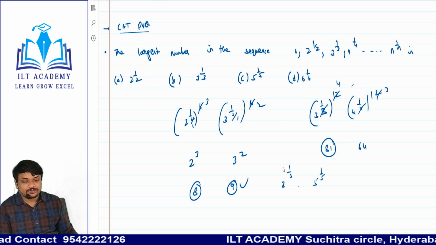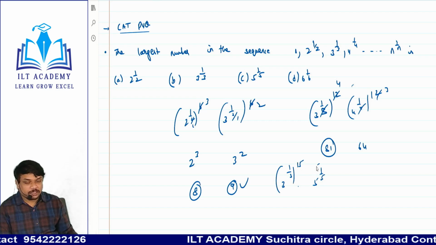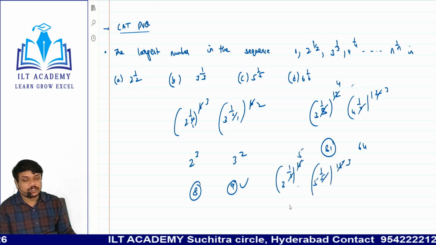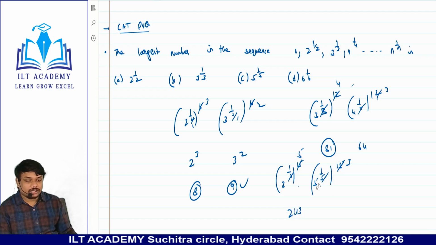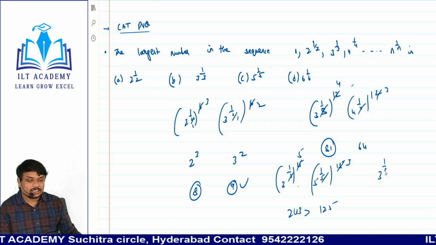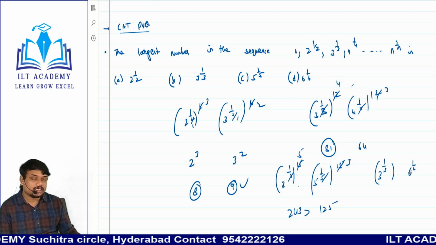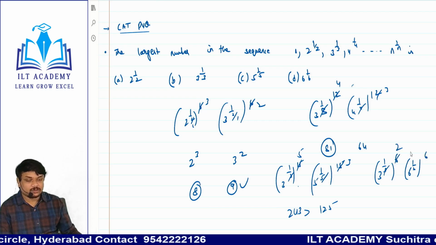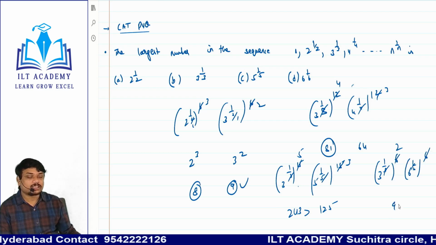I will multiply with 15. This becomes 3 power 5, which is 243, and 5 cube is 125. So this is only greater. Next is 3 power 1 by 3 and 6 power 1 by 6. Multiplying by 6, 3 squared is 9, greater than 6.